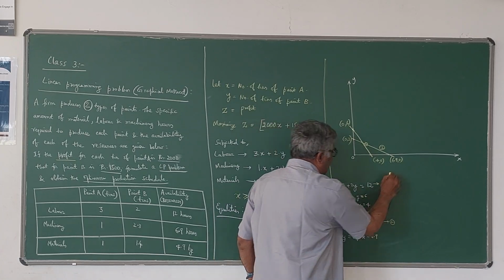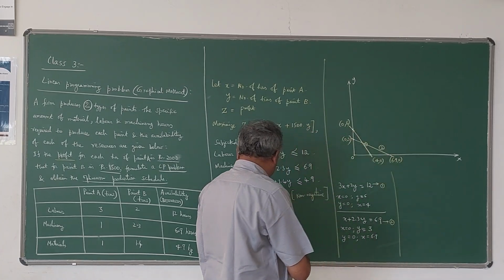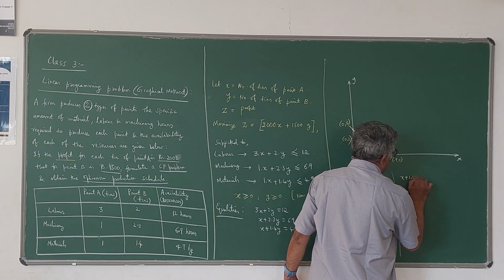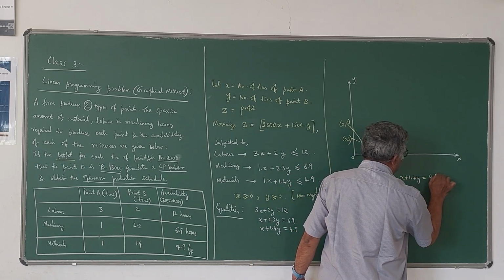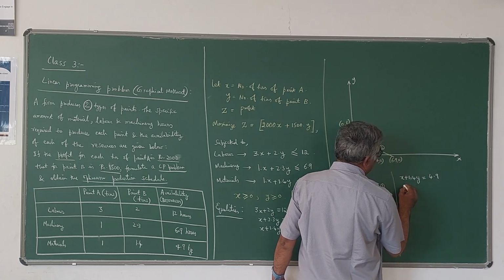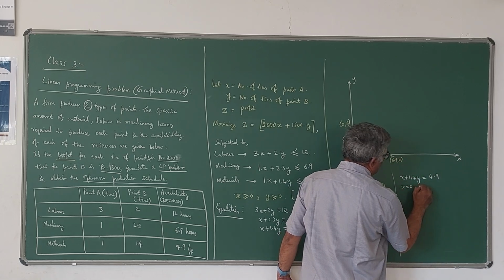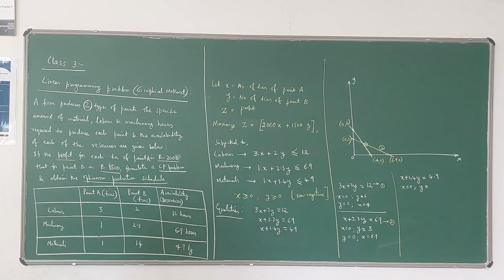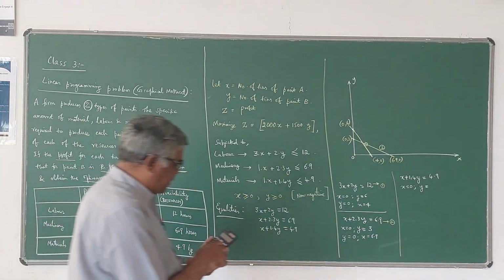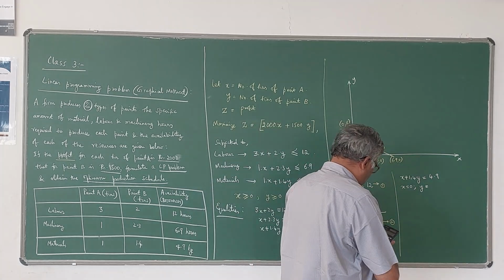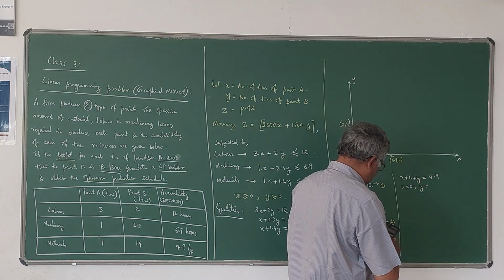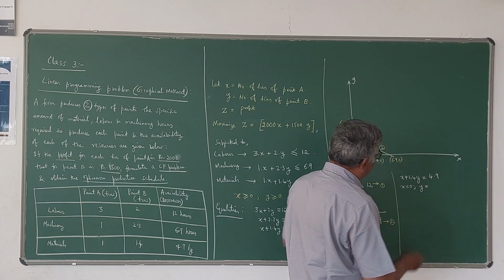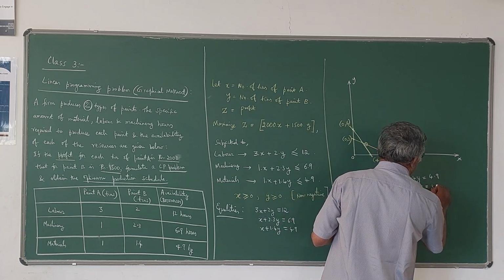Then similarly, the third equation is x plus 1.4y is equal to 4.9. Therefore, if you take x is equal to 0, y becomes 4.9 divided by 1.4. Using a calculator, 4.9 divided by 1.4 is 3.5.